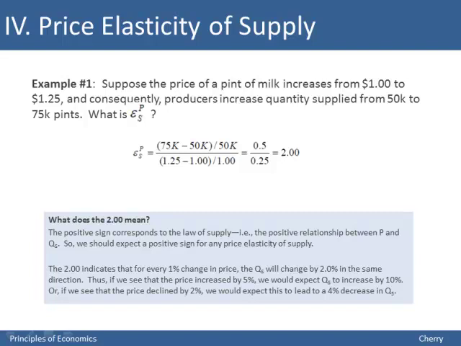So another example, if the price elasticity of supply is 2, like it is here, if we see prices increase by 5%, we would expect to see quantity supplied increase by 10%. So essentially, it being 2 means that you're going to get twice the response in quantity supplied for any given change in price.